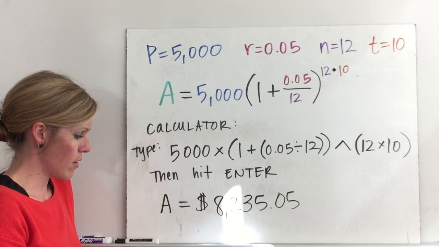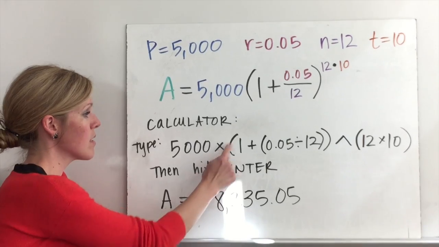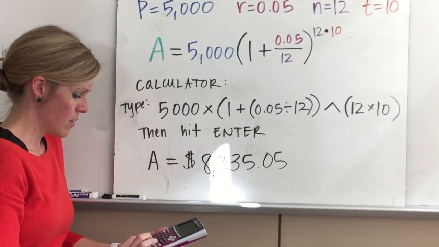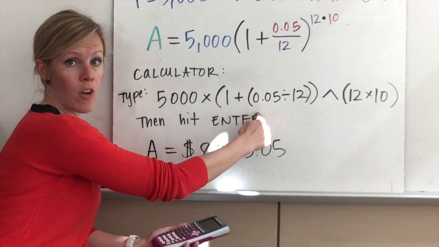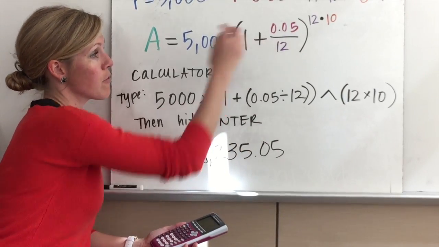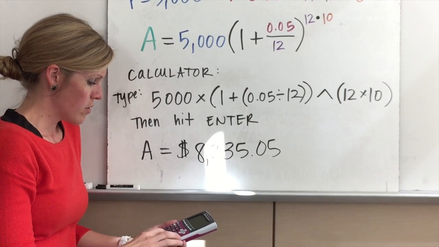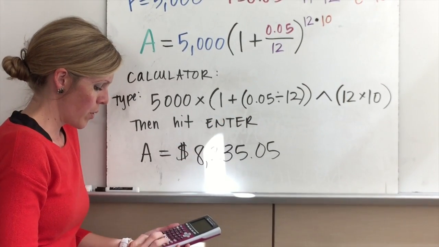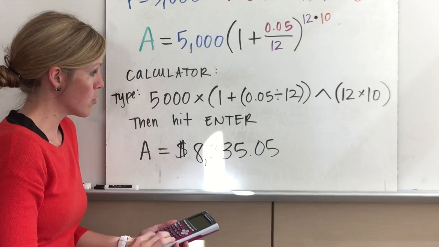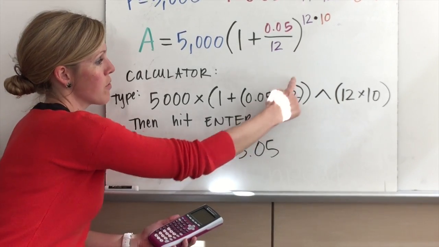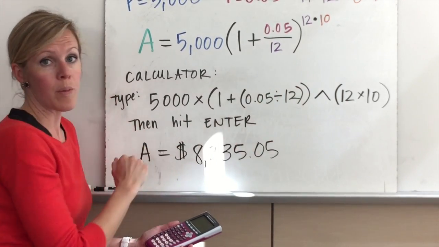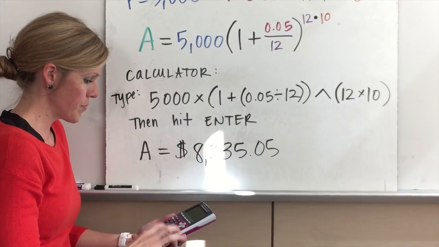Type 5,000 times, and then open parentheses, 1 plus another open parentheses, because whenever we have a fraction, we need to make sure we're putting it in parentheses in our calculator. So, open the parentheses there, 0.05 divided by 12, close the parentheses for that, and then close the parentheses for the 1 plus this fraction.